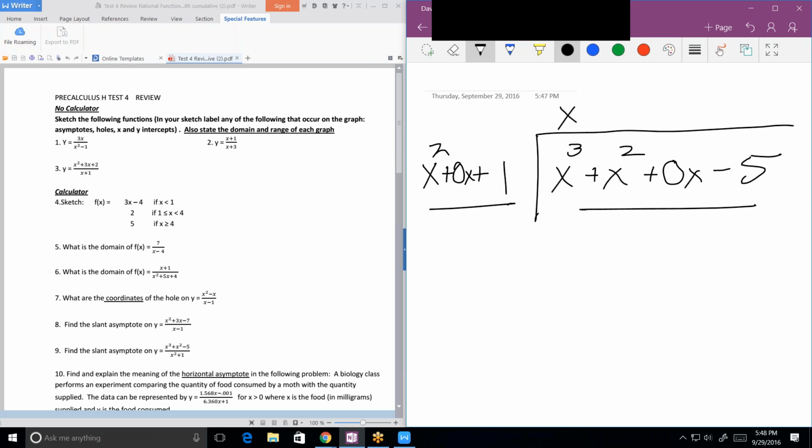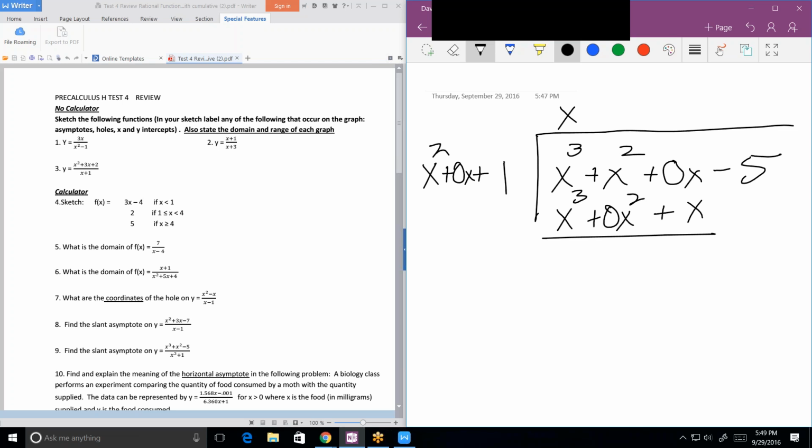That's why we do it. Would it be x cubed plus 0x squared plus x? In other words, x times 0x is 0x squared, just to be proper, plus x. Subtract.